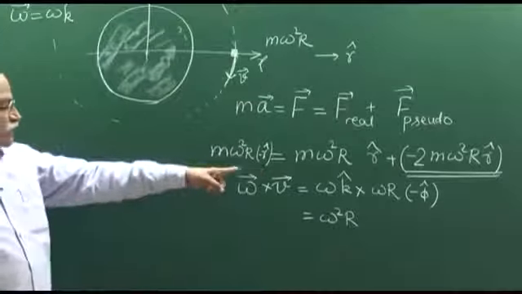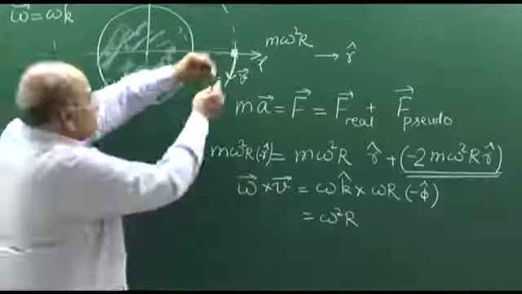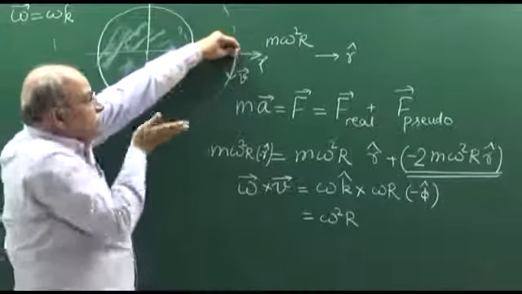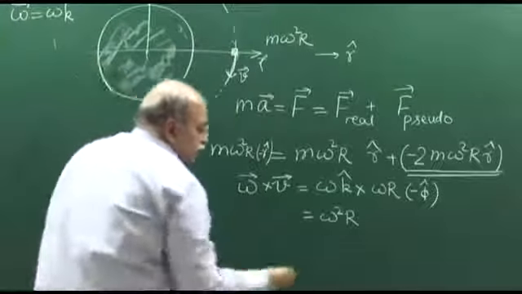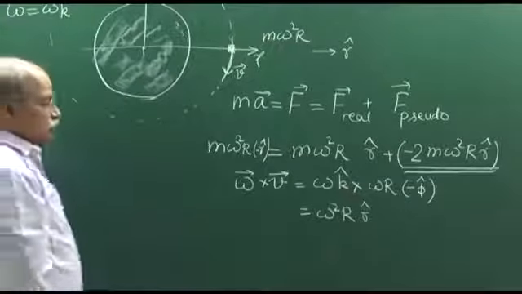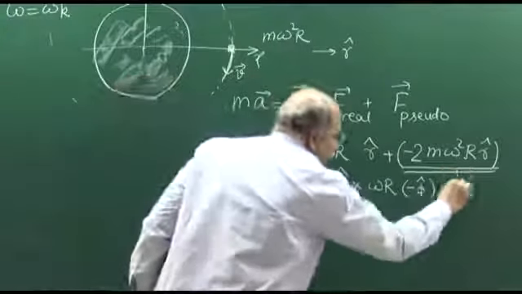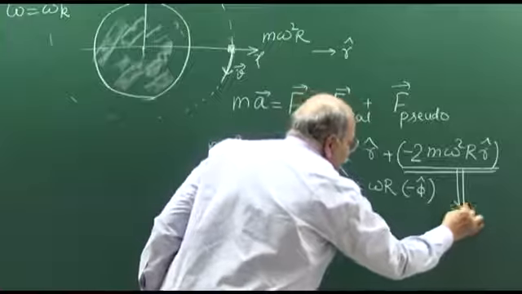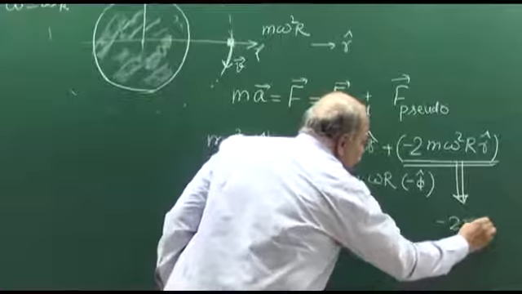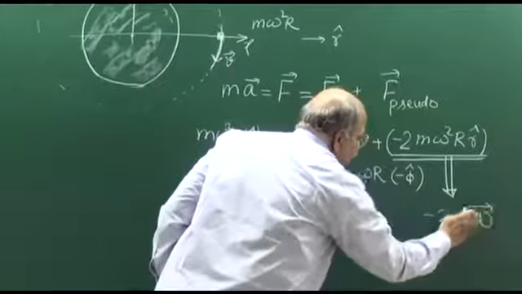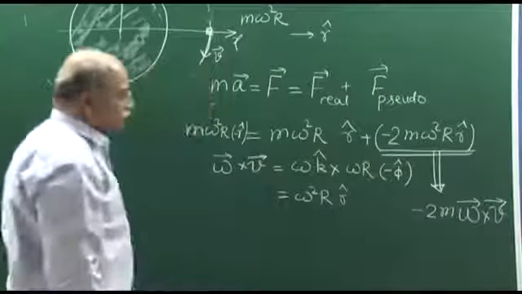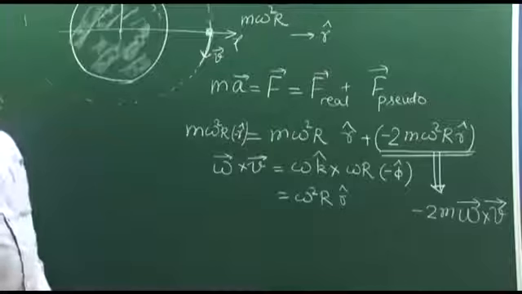And what is the direction of this vector? This omega vector is in this direction, v vector is this direction, omega cross v will be in r cap direction. So, this term here, this is yet another pseudo force, which I can write as minus 2 m omega cross v.